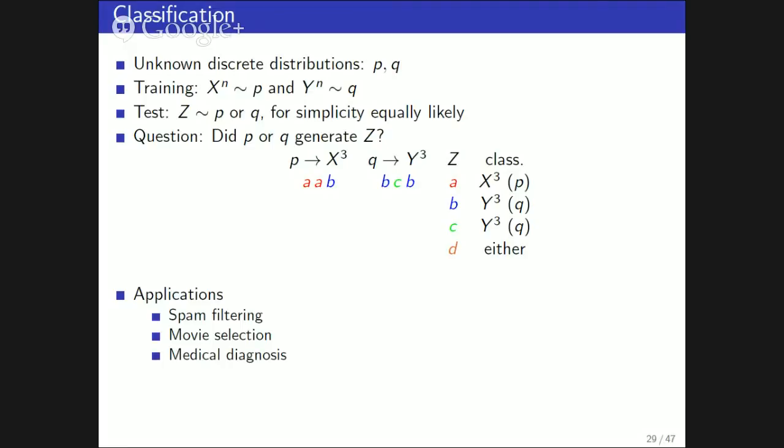Or medical diagnosis: all these people are sick, all these people are healthy, a new person comes in, is this person sick or healthy? Stock recommendations: good stocks in the past, bad performance in the past, and so on. And we like to think that life is like that, because for every decision we make, with things that worked out, things that did not work out, when a new opportunity comes in, we say, oh, this is similar to this bad experience we had.